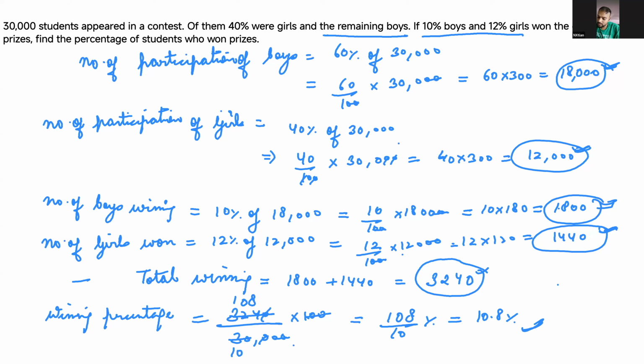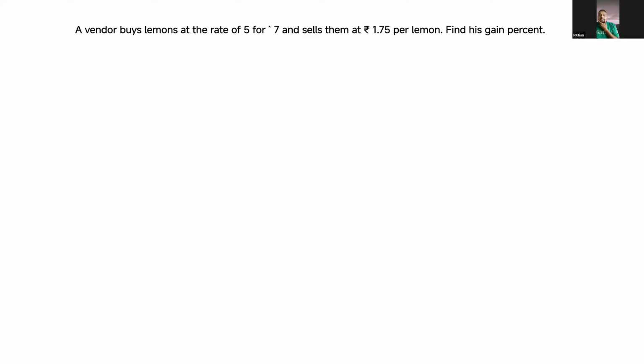A vendor buys lemons at the rate of 5 for rupees 7 and sells them at 1.75.